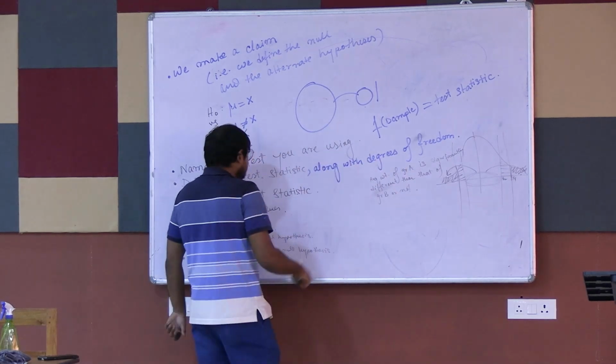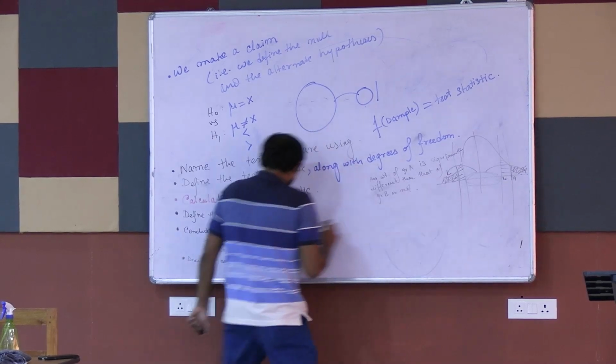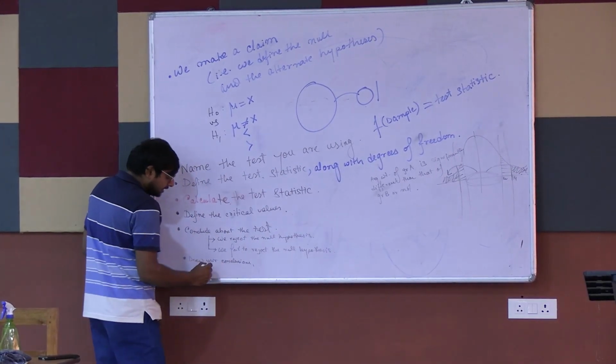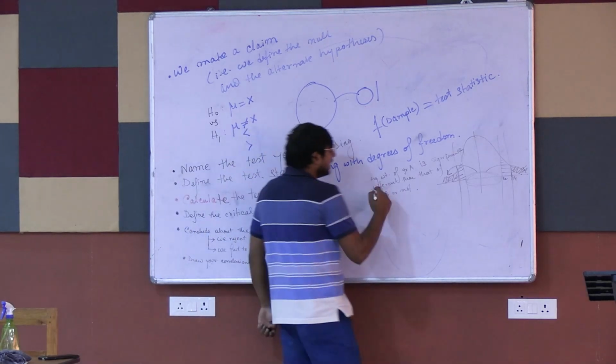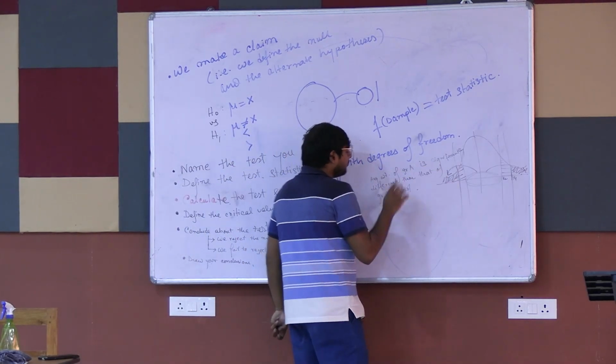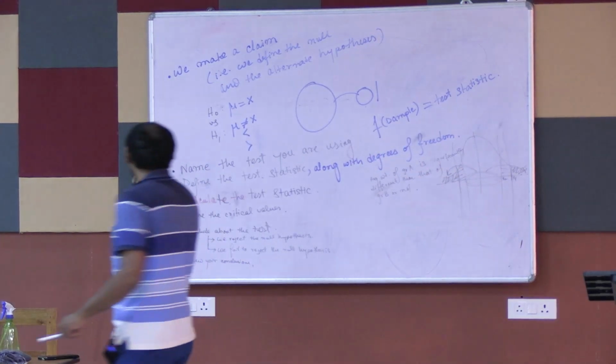So after doing the test, we have rejected the null. So for this step we are going to say we reject the null hypothesis, and for this step we are going to write yes, the average weight of group A is significantly different than that of group B. Understood? So we need to conclude our remarks.